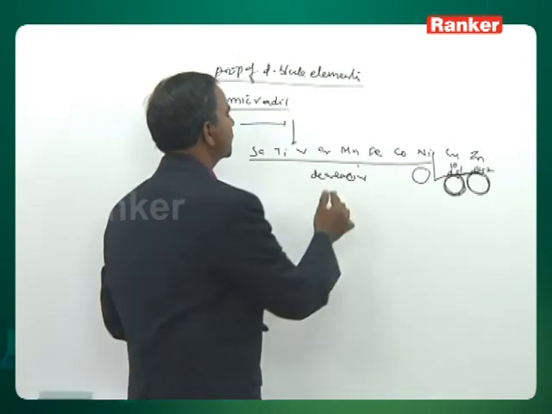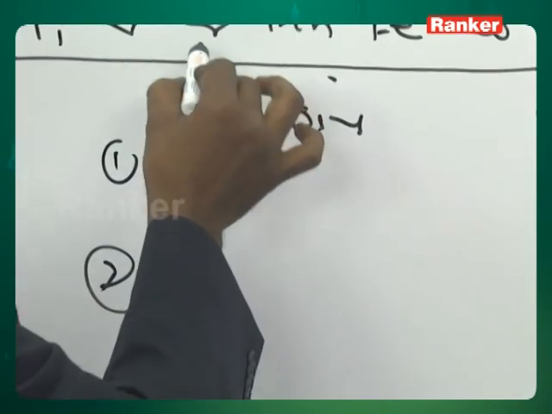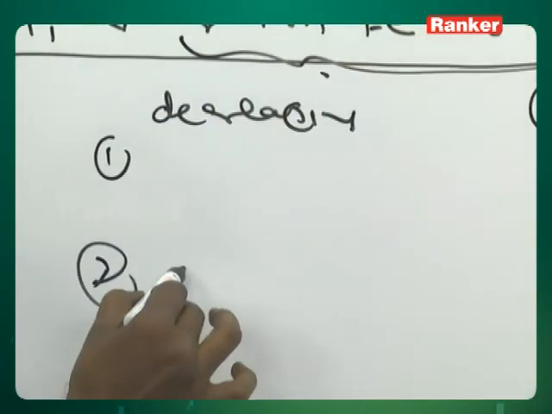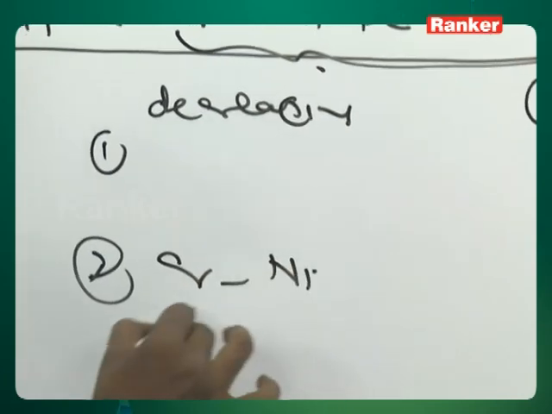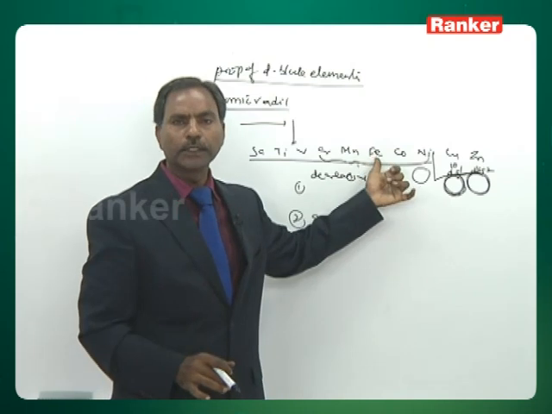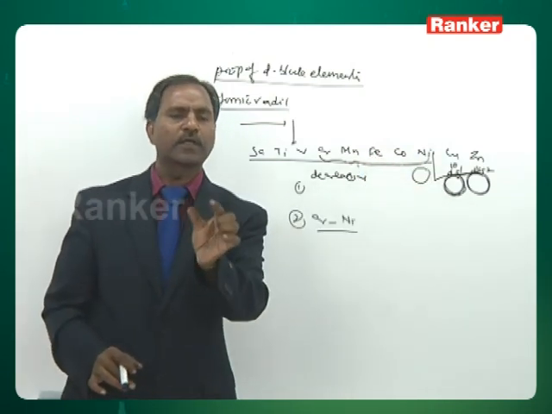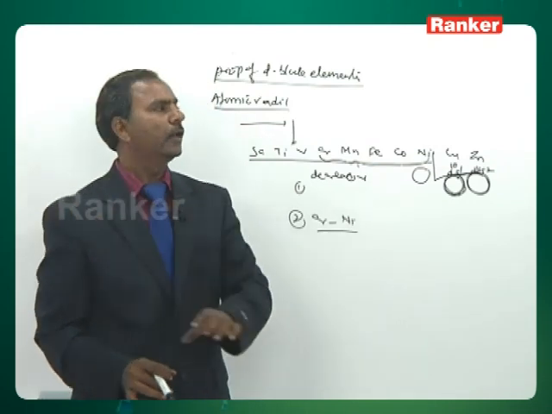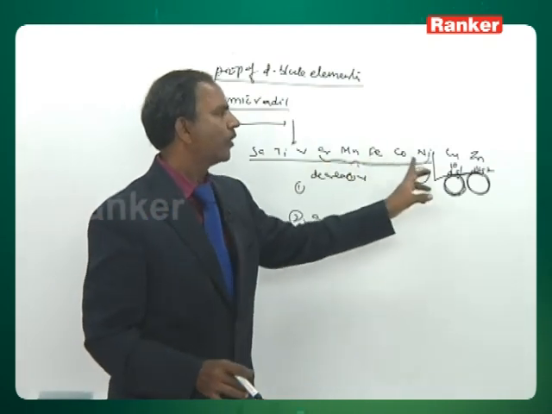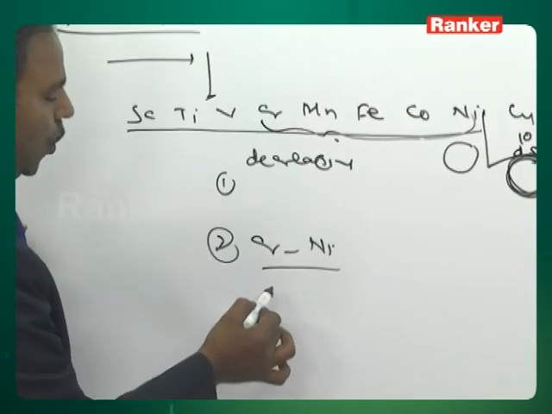Next, look here. Now, let me say the second point. From chromium to nickel, atomic sizes are more or less the same: chromium to manganese, manganese to iron, iron to cobalt, cobalt to nickel. The atomic size difference is very little, so these have more or less identical atomic sizes. This is due to two reasons.